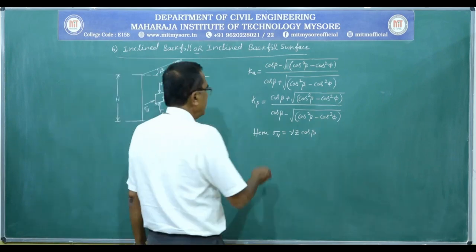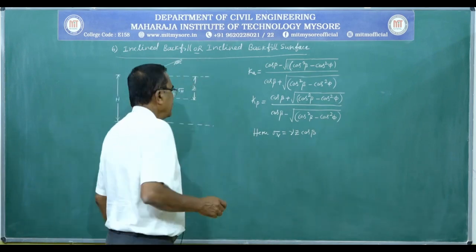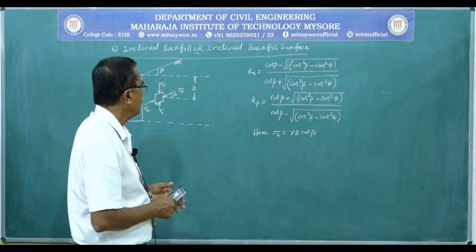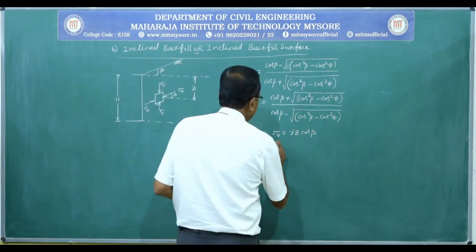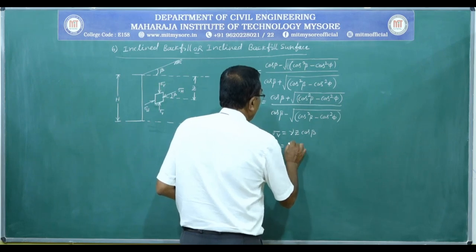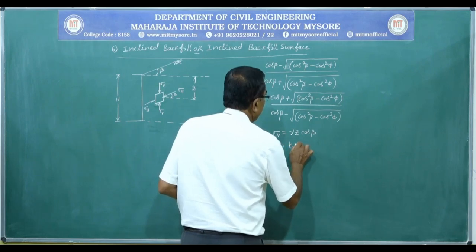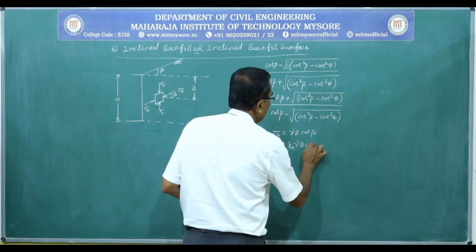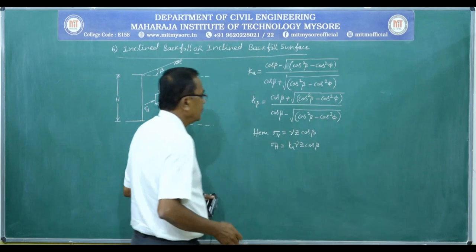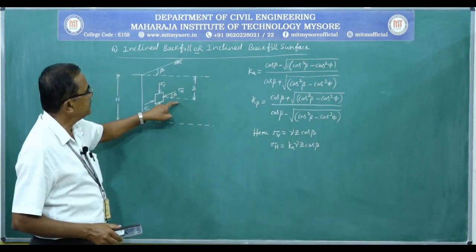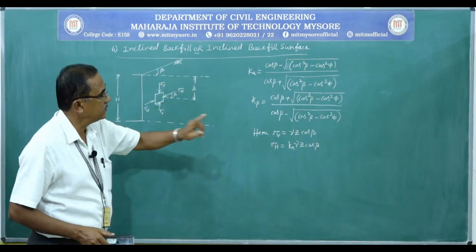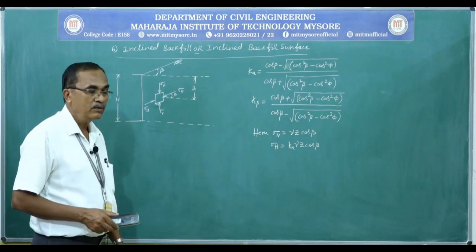Next, as there is a relationship between the vertical pressure and lateral pressure, the horizontal pressure sigma h is equal to Ka into gamma into Z cos beta. So the horizontal pressure at depth Z below the surface is Ka into gamma into Z into cos beta.